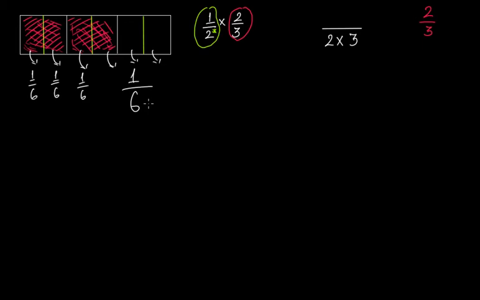Now this tells us that of this 2 by 3, that is this 1 by 3 and this another 1 by 3, the whole shaded portion is 2 by 3. From this shaded portion and this shaded portion, take out 1 by 6 from each of these.